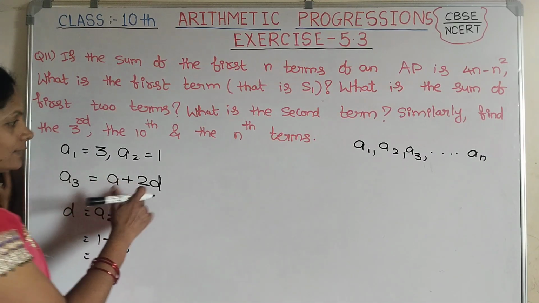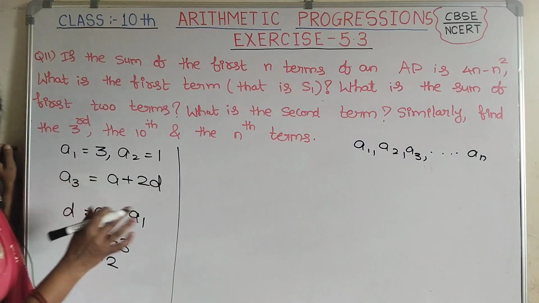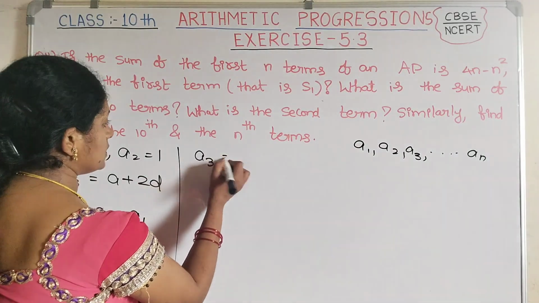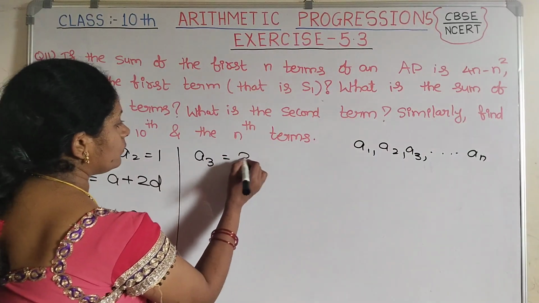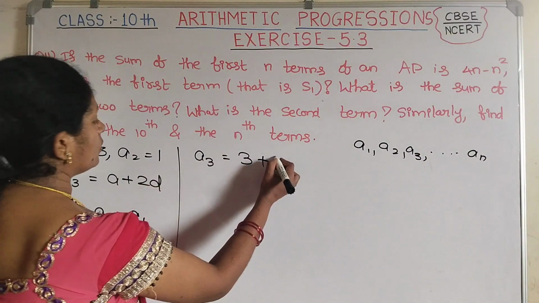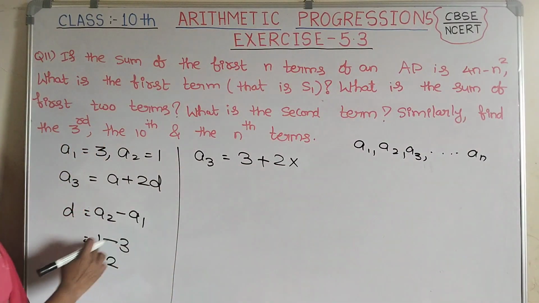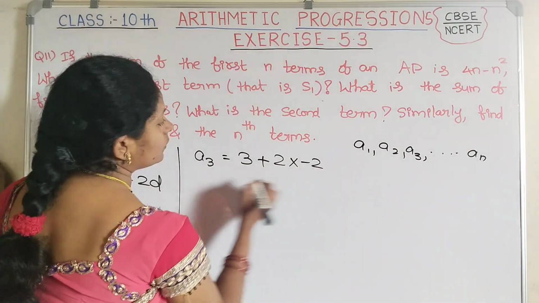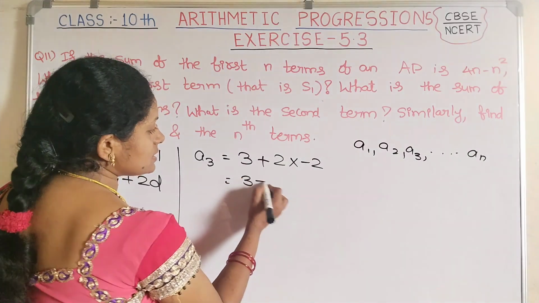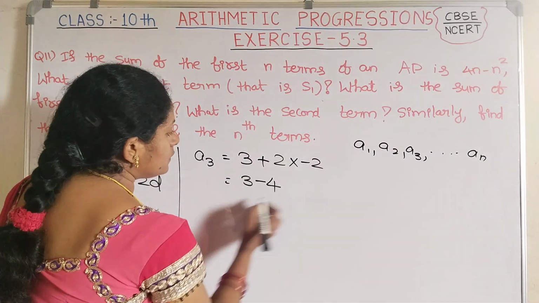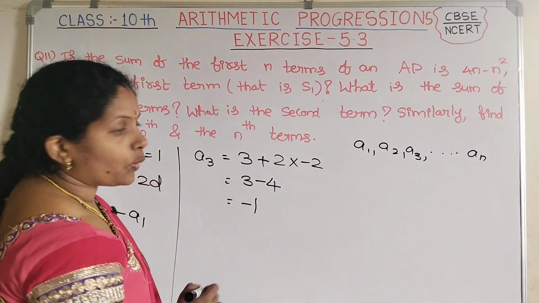Now we know A and the D. We can substitute the values and we can get A3 here. A3 is equals to, A is 3 plus 2 into D value is minus 2. 3 plus into minus is minus, 2 into 2 is 4. 3 minus 4 is minus 1.